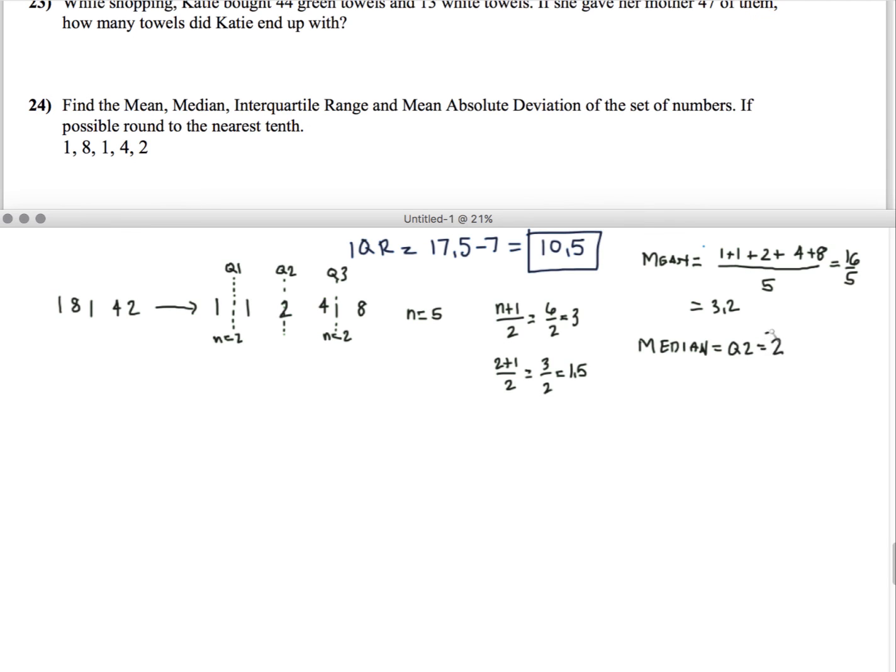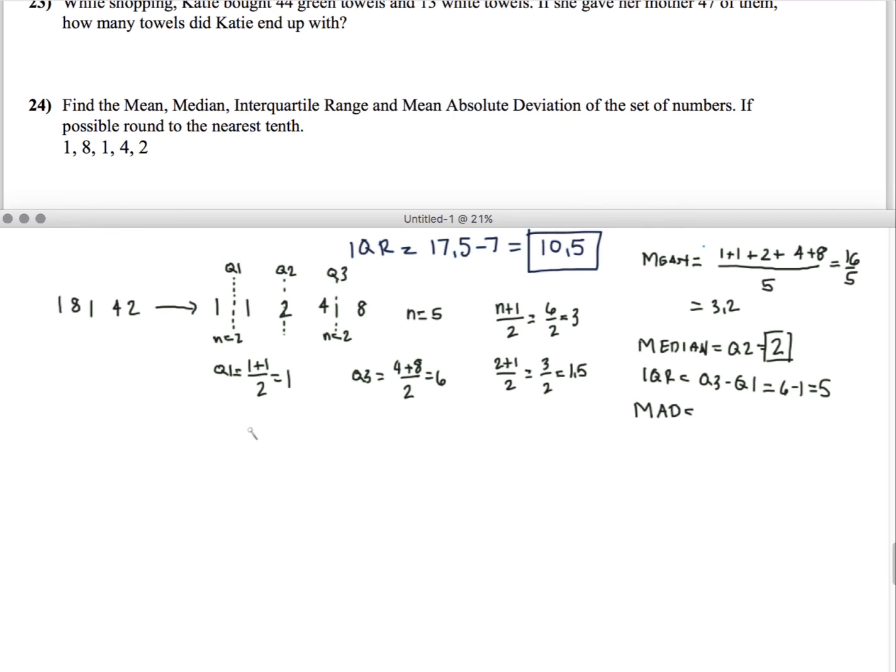So that's just 2. We already got that. The interquartile range, quartile 3 minus quartile 1, the distance between those two. So let's get that average. And this is 4 plus 8 over 2. That's 6. 6 minus 1 equals 5. Remember, the IQR is just telling us the distance between these, and we'll need it later.